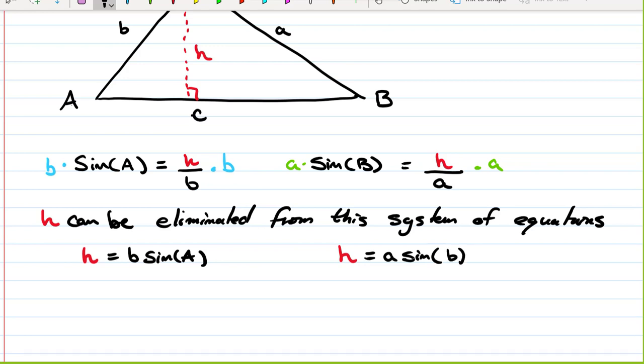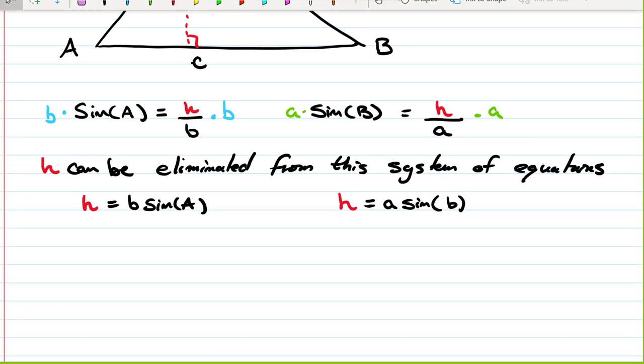Then, if h is equal to b sine A and h is equal to a sine B, these two things have to be the same.